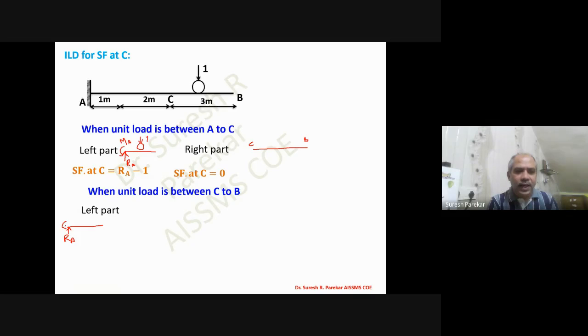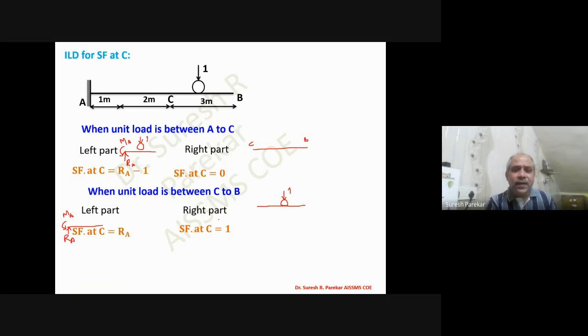So we have only RA, and I will get the shear force at C equal to RA. You can see over here. And then if we consider the right part, the shear force is equal to 1. And then if I plot it, we have CB in this fashion, and then the unit load will be here. In the right part we consider downward as plus, and this will be my equations.